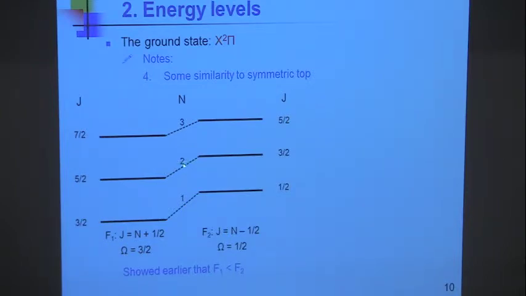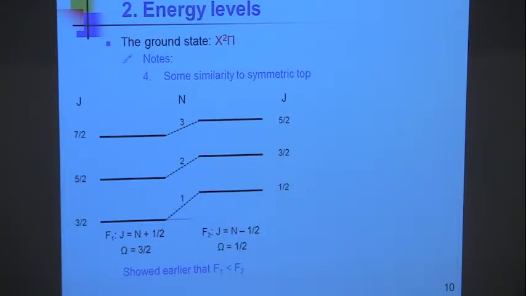J can be 2.5 or 3.5. Here's 5.5, here's 2.5, and here's 3.5. Because it's inverted, the 3 is higher than the 5. That's okay. So these are the F1s, and these are the F2s, and that corresponds to the omega of 3 halves and omega of 1 half.